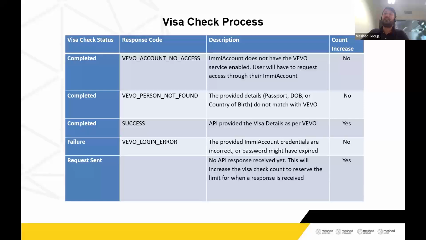So let's say you send 3 records and all 3 are under request sent, that means we have not received the response, so those 3 will be counted towards the visa check. But after you do the refresh status, if it's success, then the 3 are counted. If it's not success, then the 3 are reset back. So ideally, at the end of the day, only the success status is counted towards the billable visa checks.